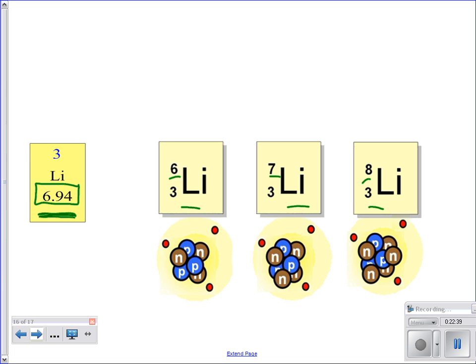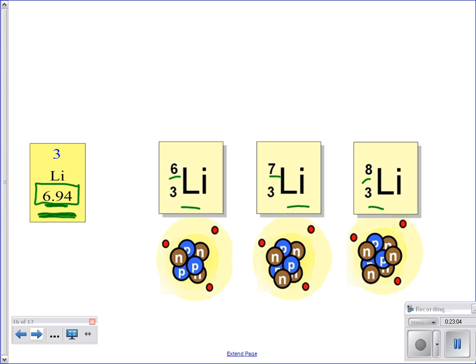What it is, is a weighted average of all of the isotopes of that element. So what we need to do is figure out, if we know the percent abundance, which has been discovered experimentally, we know the percent abundances of those different isotopes, then that's how this atomic mass is calculated. So that's what you see on your periodic table.